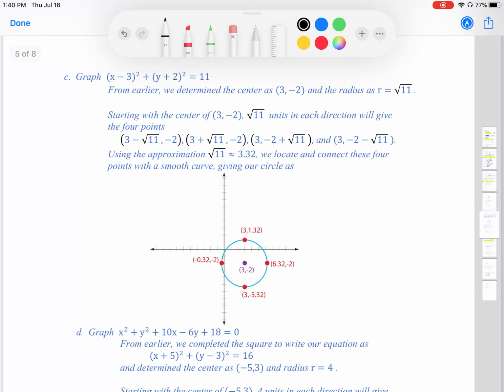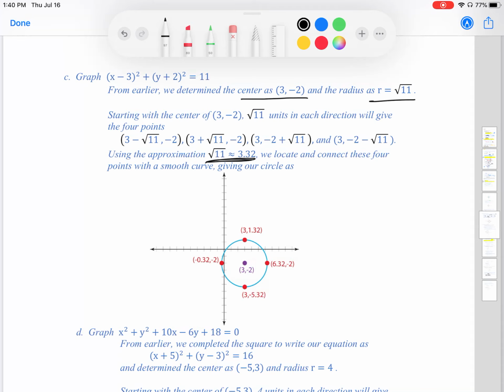So let's take the graph from example C. We have our center at 3 and negative 2, and our radius is square root of 11. That's not an easy number to count up, down, left, right. But if I punch it in my calculator, it's about 3.3.